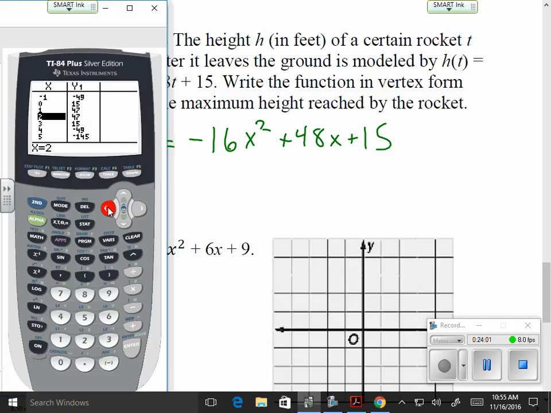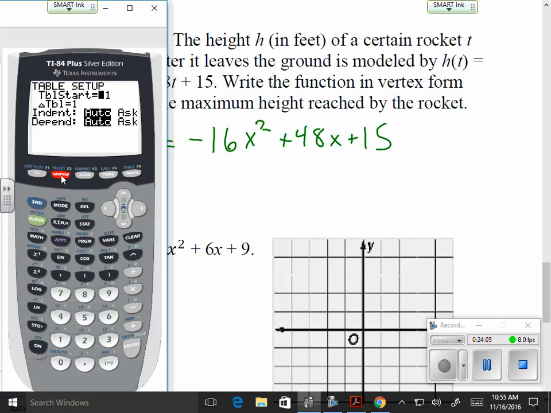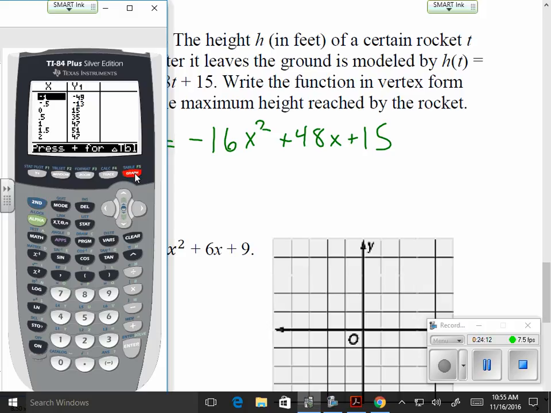So that means somewhere in between, if I change the table by halves, and when I go to my table, I see that the height, which is over here, goes 15, 35, 47, 51. I know that's going to be my vertex, and then back down to 47. So at 1.5 seconds, it was at a height of 51.